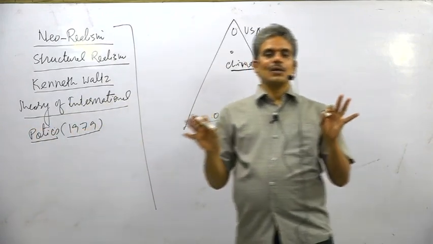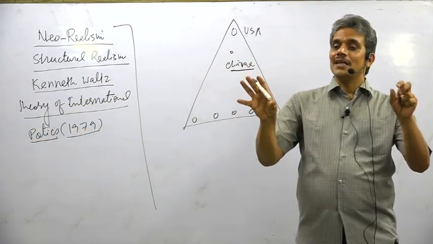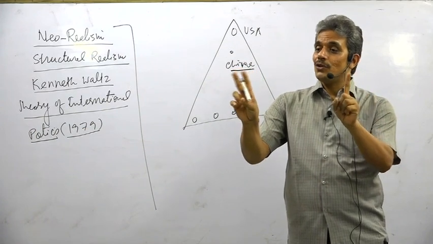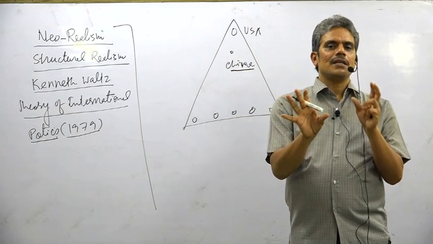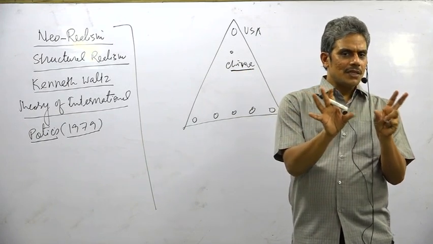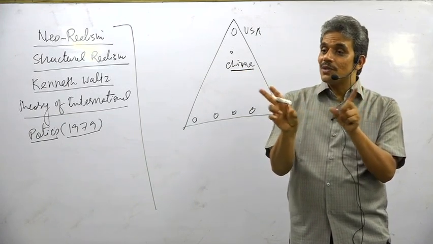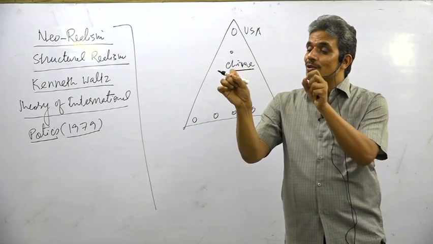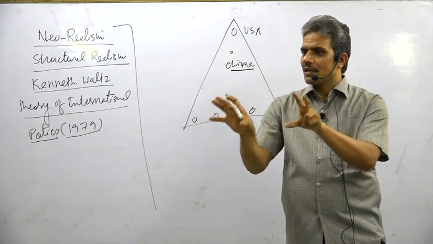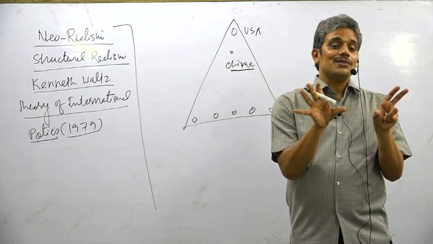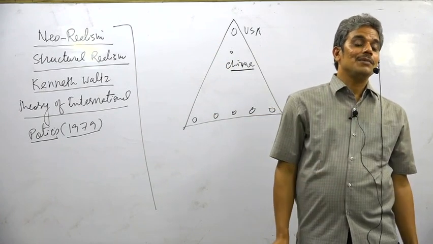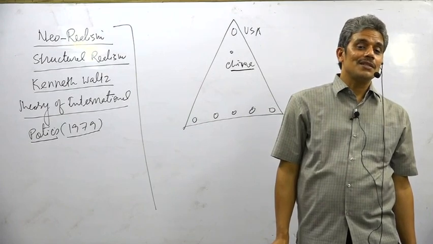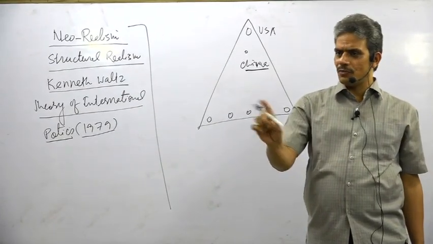It means, if you look, Kenneth Waltz is not focusing on human nature, not focusing on the state, but he is focusing on structure. The structure of international politics shapes the behavior of a nation state, not human nature.